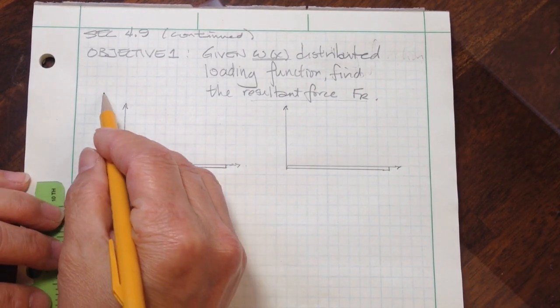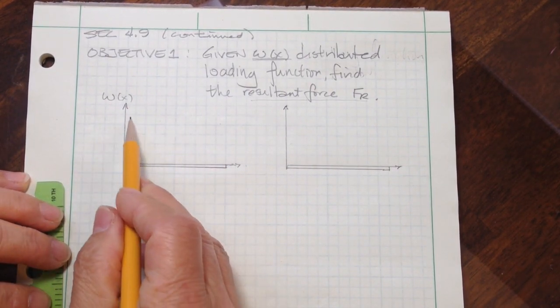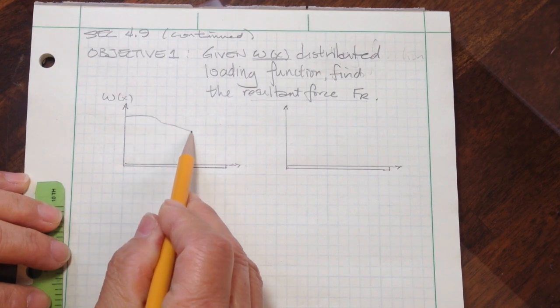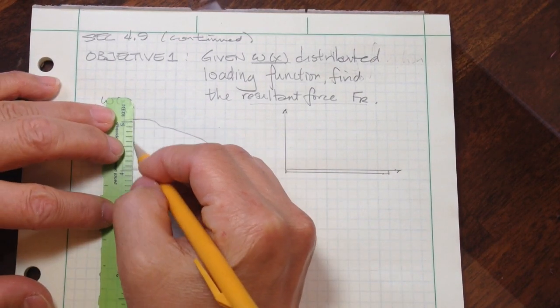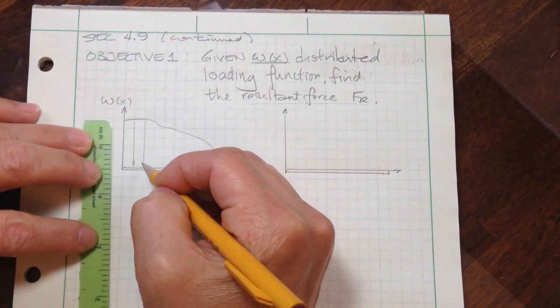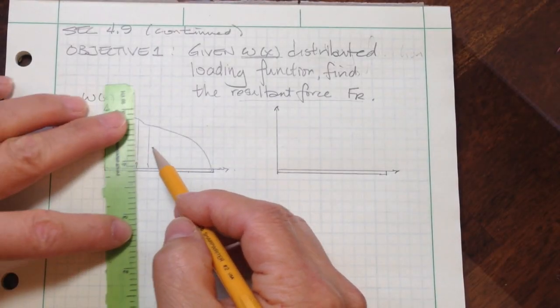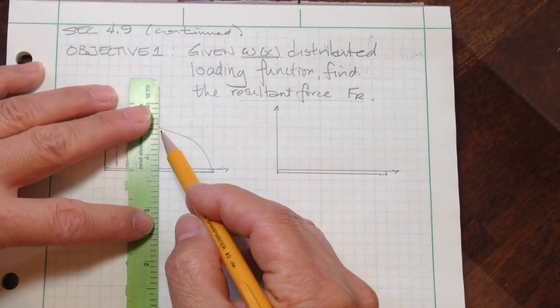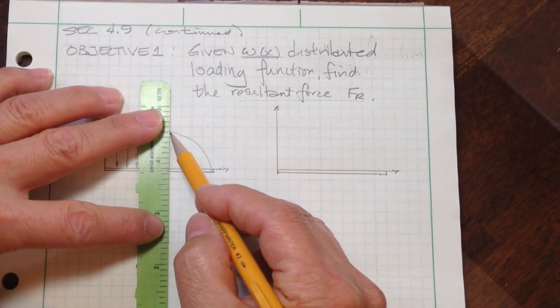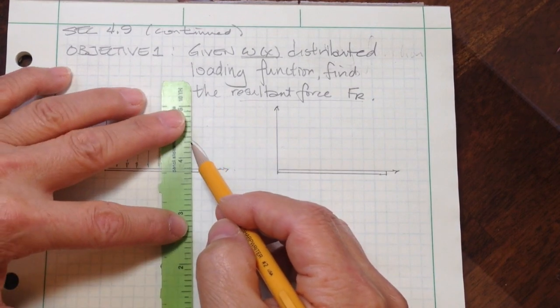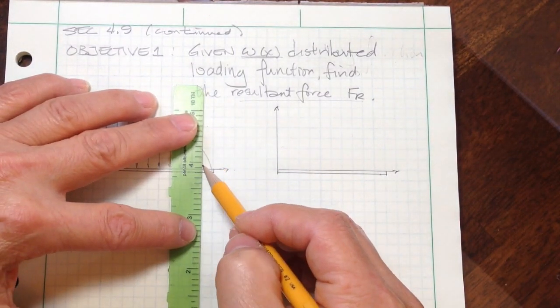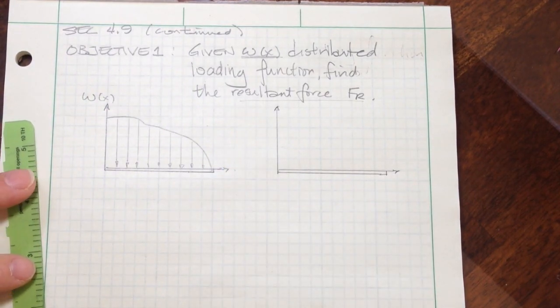So suppose you have a loading function that looks something like this, that acts on a beam, and we'll draw the individual forces like this. And of course this is infinite across the beam here, but just to illustrate that there are these vertical forces, I'll just draw it that way.